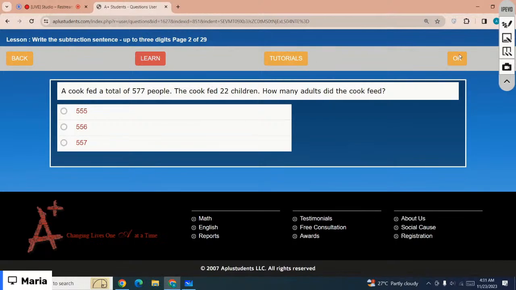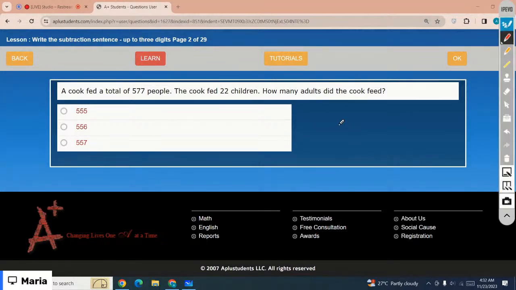So just subtract 577 minus 22, right? You have to do 577 minus 22. So 7 minus 2 is 5, 7 minus 2 is 5, and you already have 5. So that means that is 555. Option number 1 is the correct option.